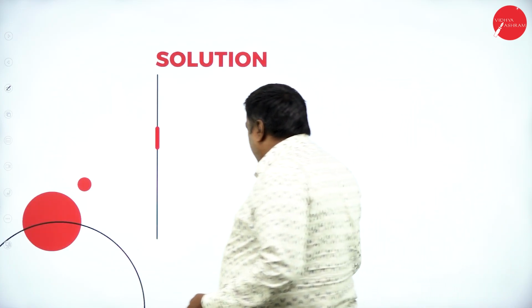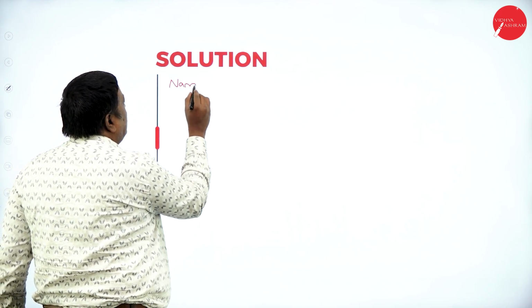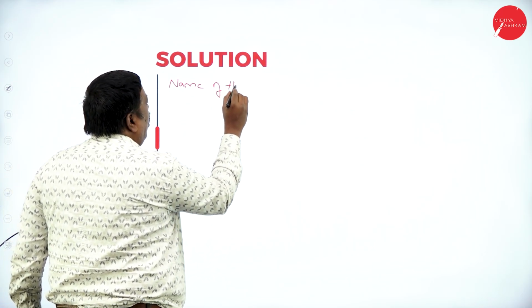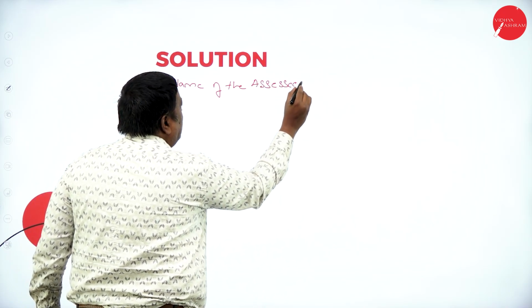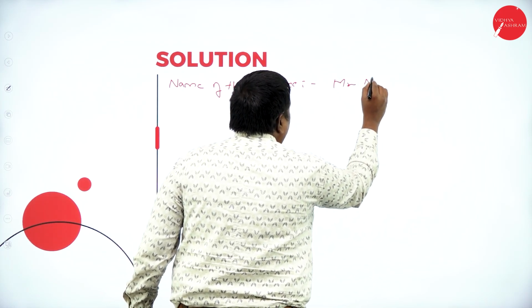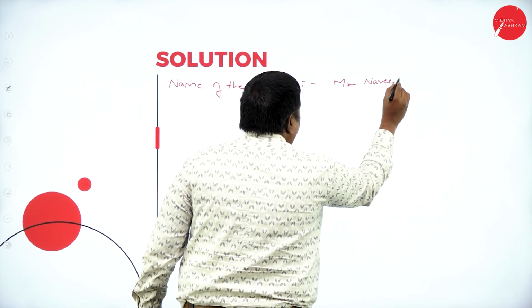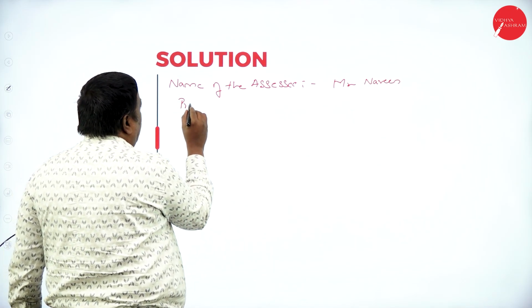So now, here, what is the first thing I have to write here? Name of the assessee. Name of the assessee will be here Mr. Navin. Next, I have to write here my previous year.